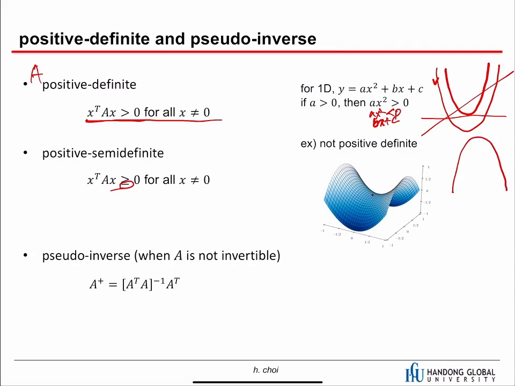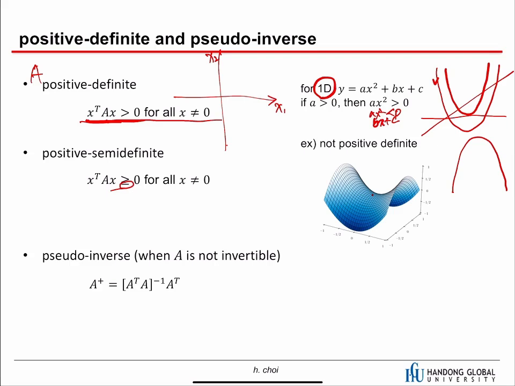So if it is positive definite, in this case we talked about one-dimensional space. In general, if this is always positive, let's say we are in the two-dimensional space. This one is x1 and this one is x2, and x transpose A x has some value, right?